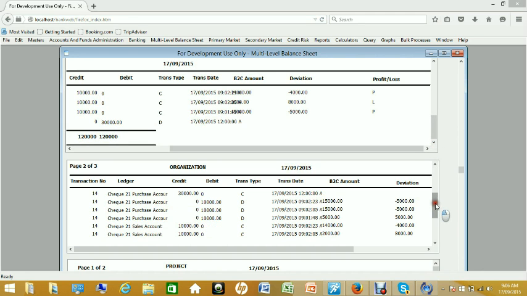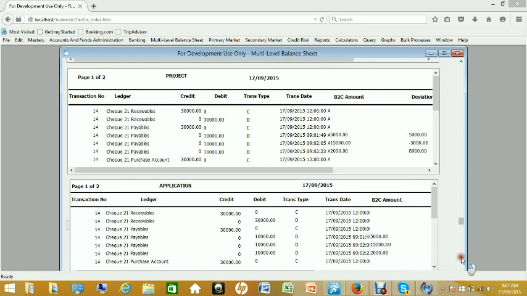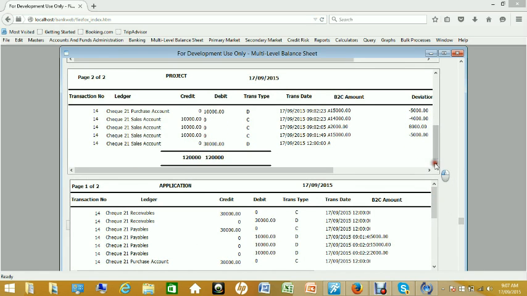Then we see for organization as well. Here it is 120,000 and we see the deviations here, B2C amount as well as deviations. Then we see for project, the balance sheet tallying here and the deviations as well.